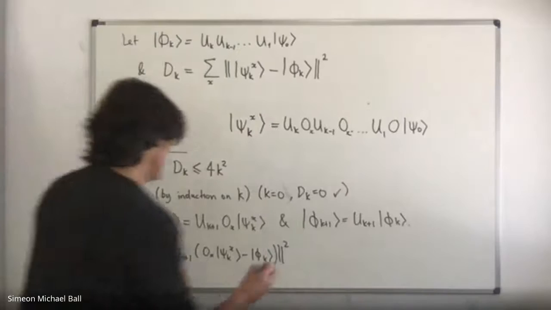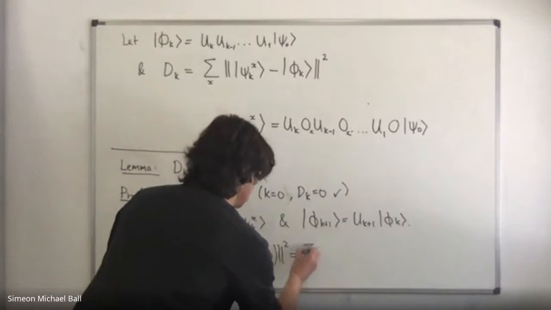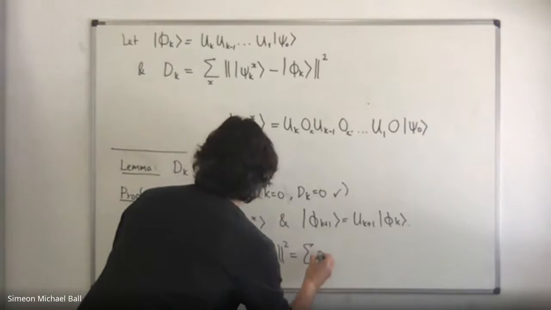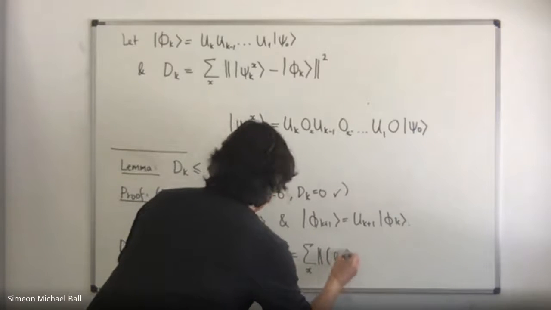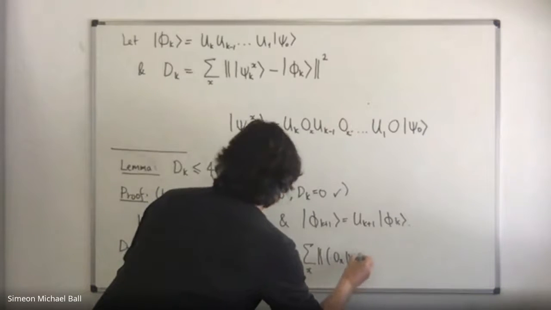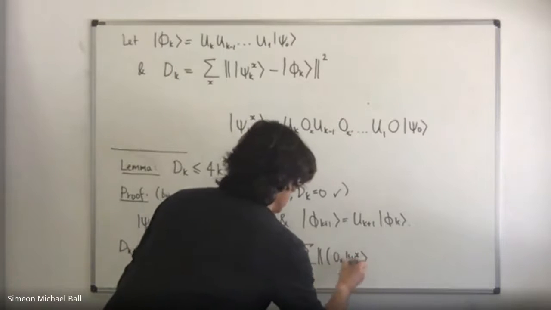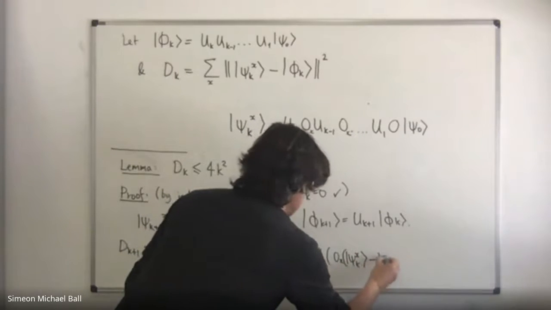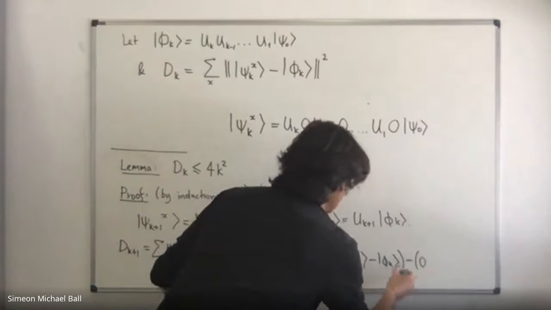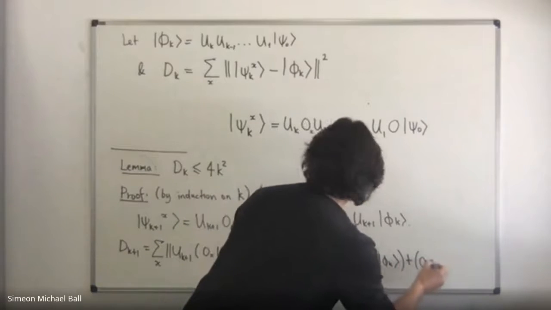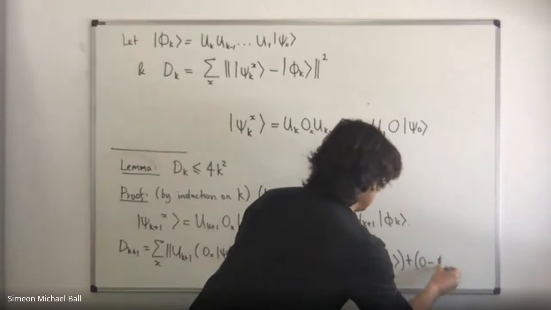So we can write this as the sum over x of the norm of the Oracle applied to x, and now I want to put a 5k in here. So I've got to put that back in, plus the Oracle minus an identity applied to 5k.